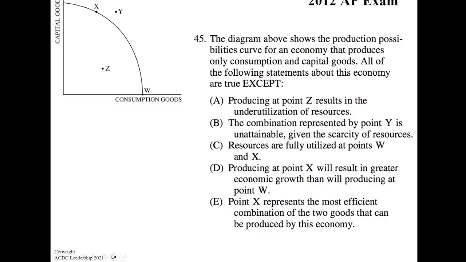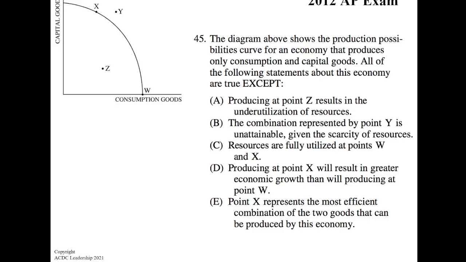Producing at point X will result in greater economic growth than producing at point W, right? So this essentially means that producing at point X in the long run will be more efficient than producing at point W. This one actually requires some thought.